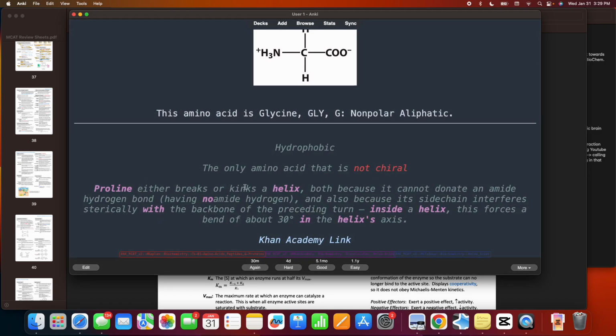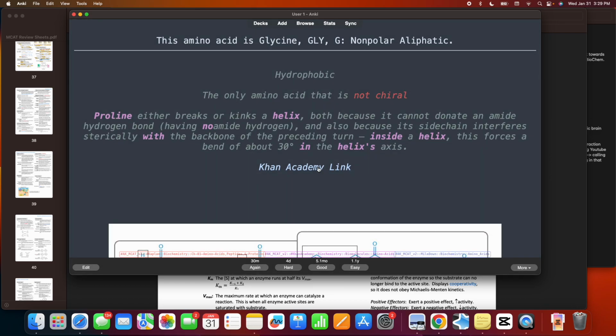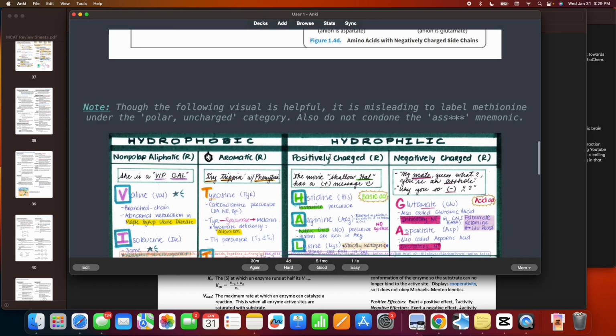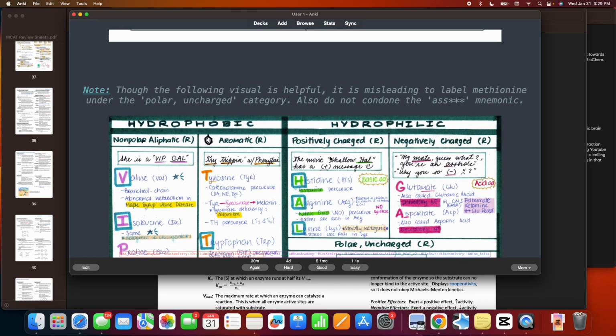Proline either breaks or kinks a helix, both because it cannot donate an amide hydrogen bond and because its side chain interferes sterically with the backbone of the preceding turn. Inside a helix, this forces a bend of about 30 degrees in the helix's axis. Do we need to know that? Super specific, but anyway.